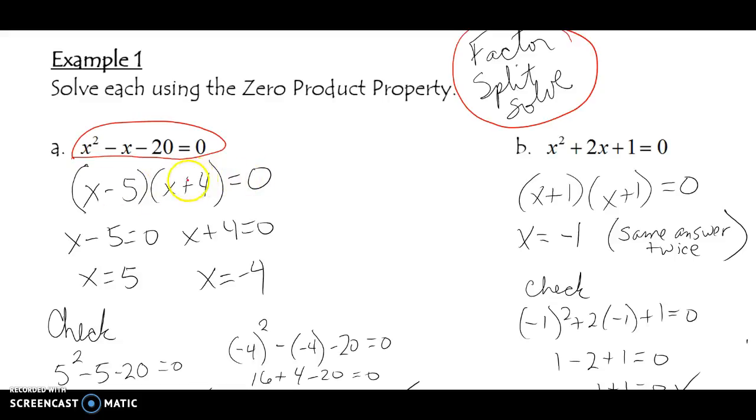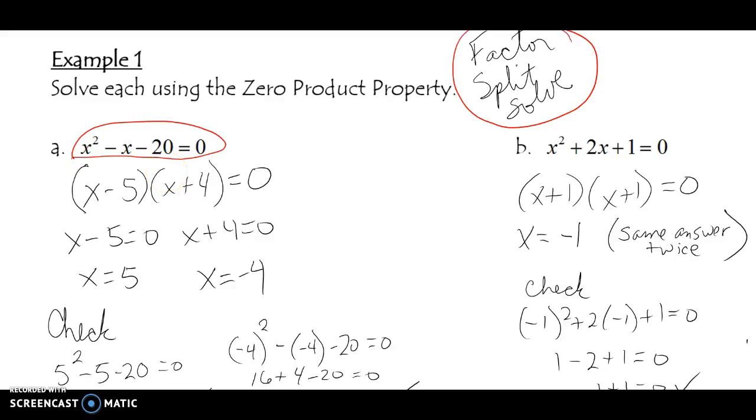The only way this could be true is if x equals 5 or x equals negative 4. And with any equation that we're solving, we can check our answer. We can plug in 5 into the original expression, plug in negative 4, and show that it does in fact make this expression equal to 0.